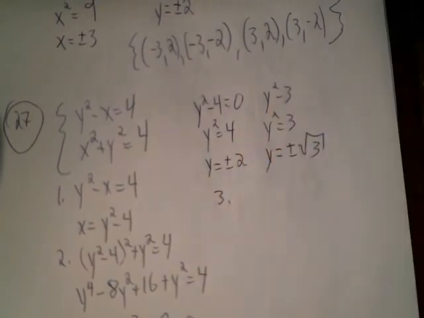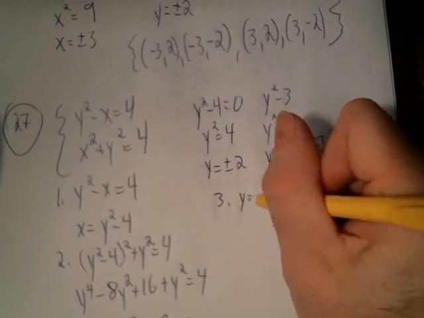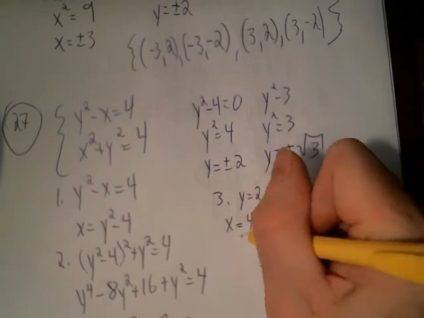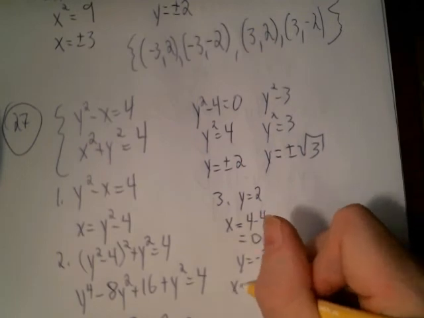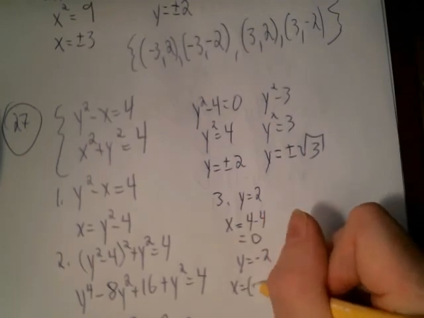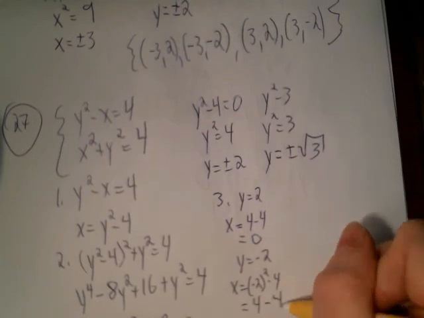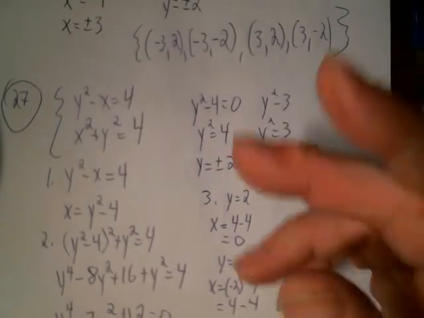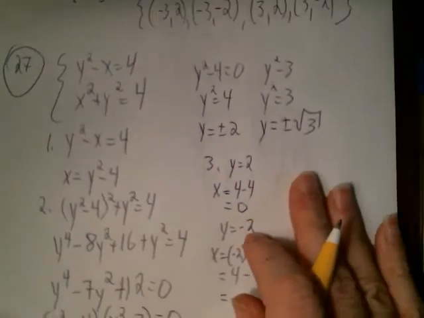Step 3 then, do your back substitutions. So when y is 2, I get x is 4 minus 4, which is 0. When y is negative 2, I should get the same thing. x is negative 2 squared minus 4, which of course is 4 minus 4, which is 0.